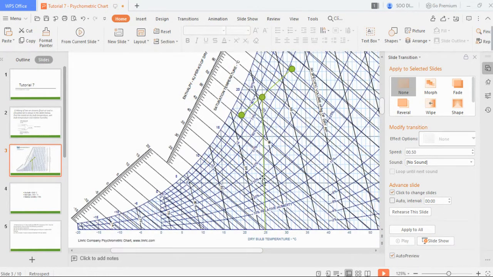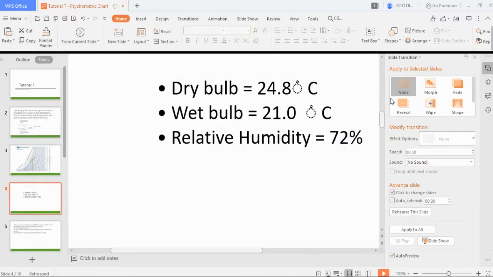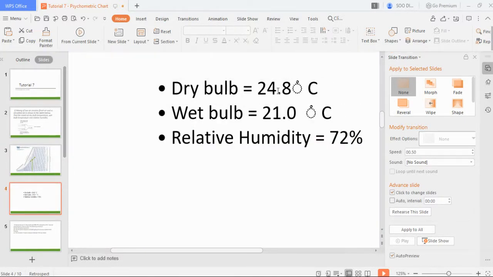If you were to draw a line down, you have close to 25 degrees Celsius of your dry bulb. The wet bulb scale is over here, and your dry bulb scale is down here. So you will get something like this. Your dry bulb is 24.8 degrees Celsius, wet bulb 21 degrees Celsius, and your RH, relative humidity, 72%.